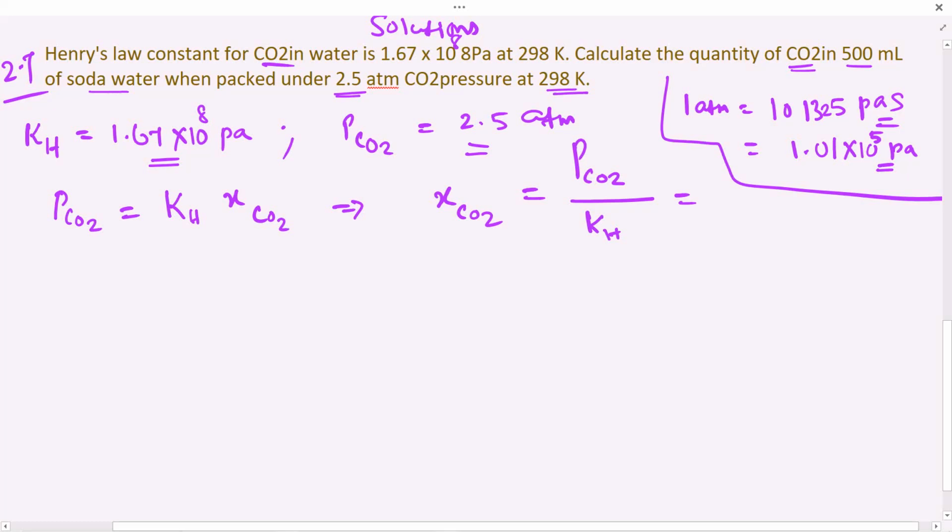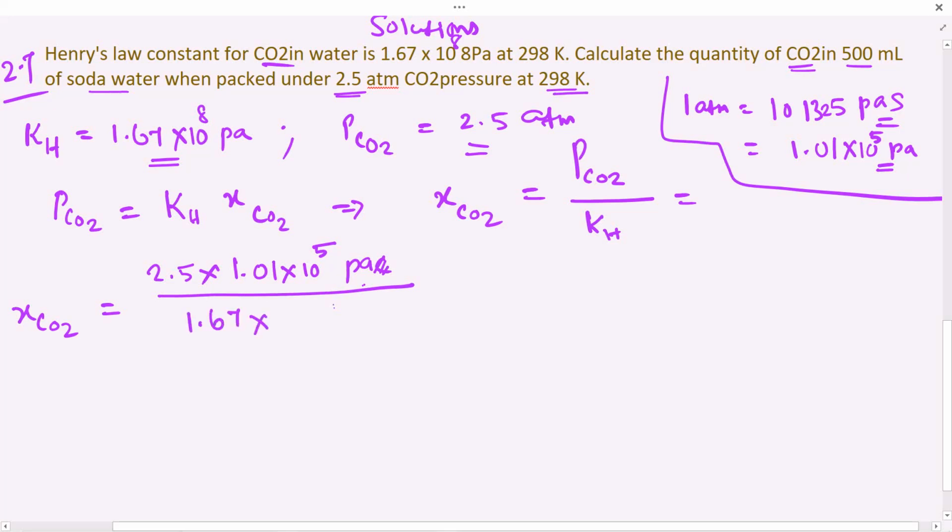So 2.5 atmosphere means, let me write it here. The mole fraction of CO2 is equal to the partial pressure of CO2, 2.5 × 1.01 × 10^5 Pascal, converting the atmospheric pressure into Pascal, divided by Henry's constant, what is Henry's constant? 1.67 × 10^8 Pascal.